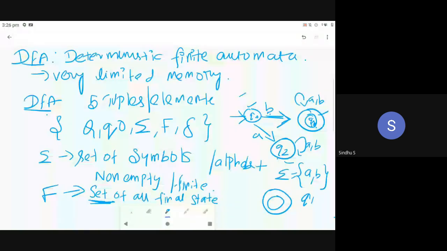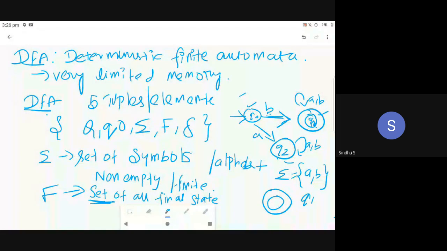It can be empty sometimes, that is, there may be no final state constructed. It means that a machine with no final state will accept nothing. Understand one thing: when I construct a DFA with no final state, that particular machine accepts nothing. Fine. So a final state is required for a machine to halt with the input. Whenever your input reaches the final state, only then will that particular input be accepted by that machine.